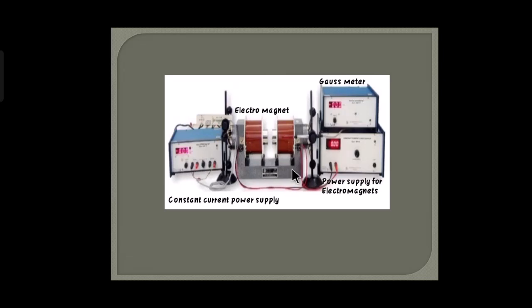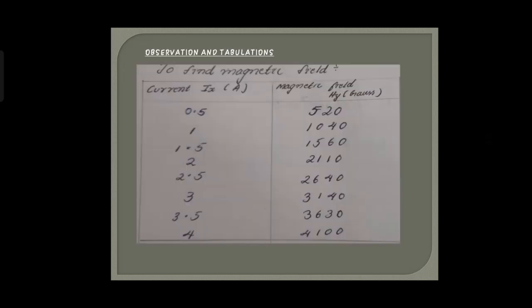Using the Gauss meter, place the probe in between the electromagnet and measure the obtained magnetic field. The different current ranges are noted as in the tabulation. Here we could see that at current 0.5 ampere, it produces a magnetic field of 520 Gauss. Similarly, for different values of current, the magnetic field is observed.